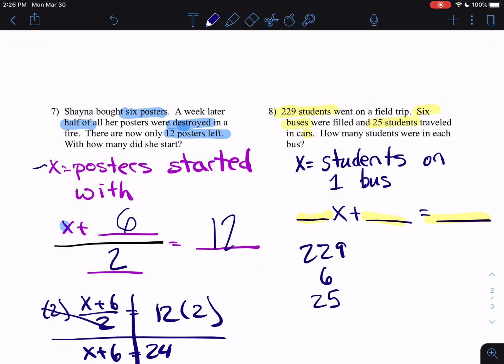So just like when we were dealing with pouches and coins, if we had 7 pouches, that's like 7x, because that's what was repeating. If we had 72 pouches, we would have 72x. So in this case, I would just have a 6 in the x. That means I can cross off the 6, and then you have to decide where the 229 would go and where the 25 would go. Hopefully this video is helpful.